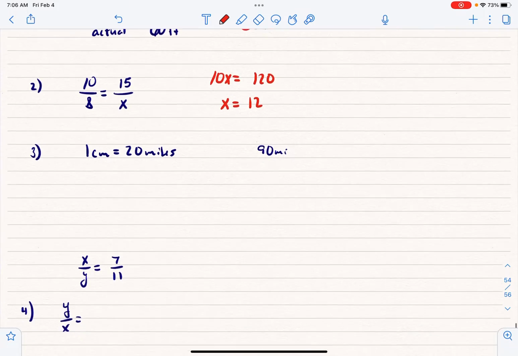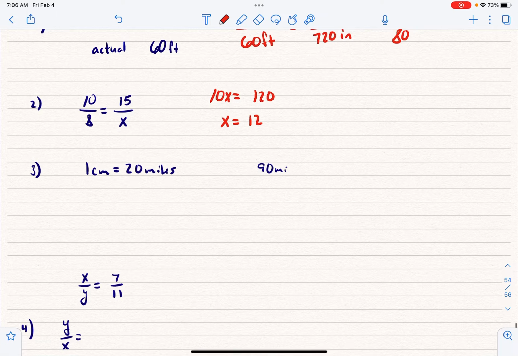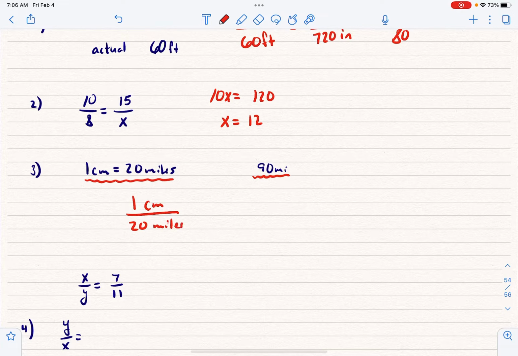The next one says there exists a map where 1 centimeter on the map is actually 20 miles in real life. And it says there's some county that's 90 miles wide, so how wide would that be on the map? All I know is this is my true ratio, so I can write that 1 centimeter is the same thing as 20 miles. Some people are going to mess up where to put this, but you always match up centimeters to centimeters and miles to miles.